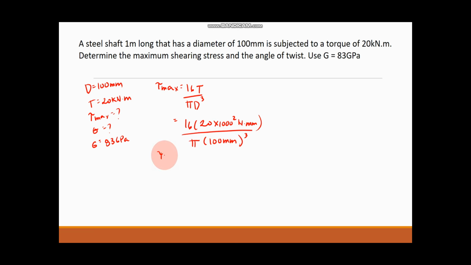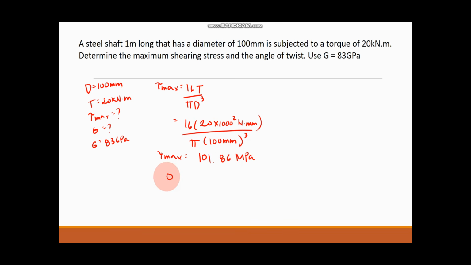So the maximum shearing stress is equal to 101.86 megapascal.